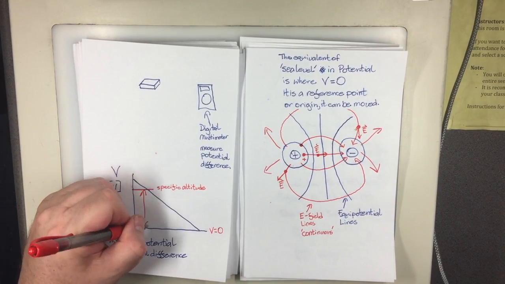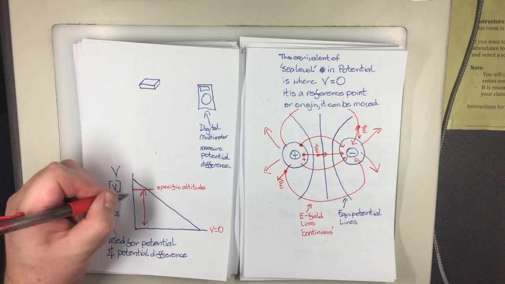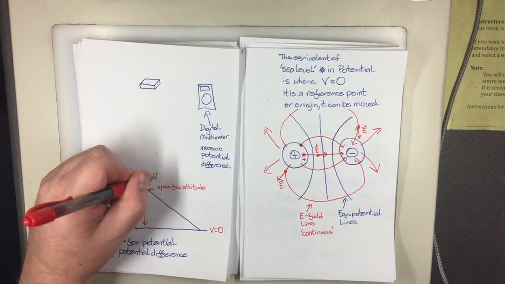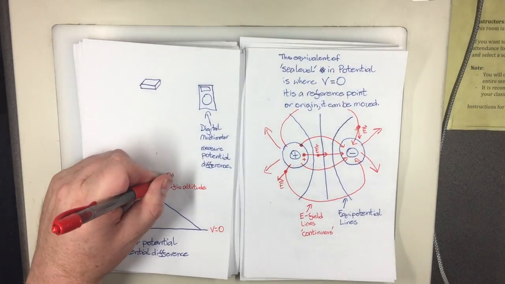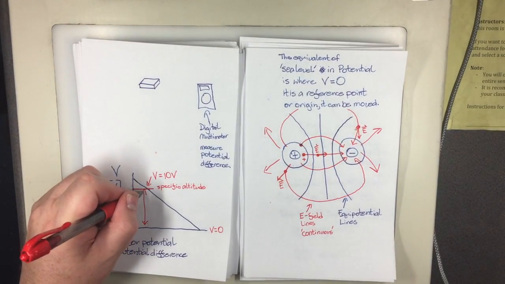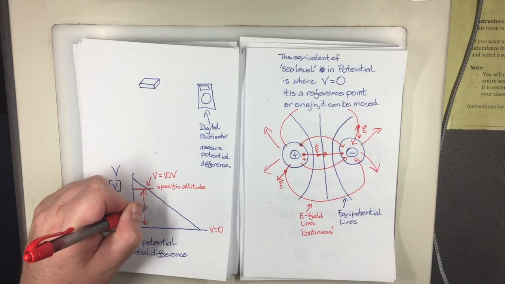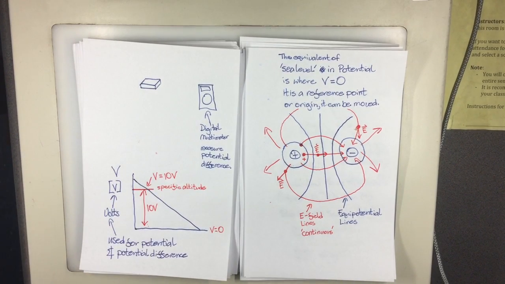So we could say that this is a potential of 10 volts, because when you measure the difference between that point and your ground point, that's a difference of 10 volts.